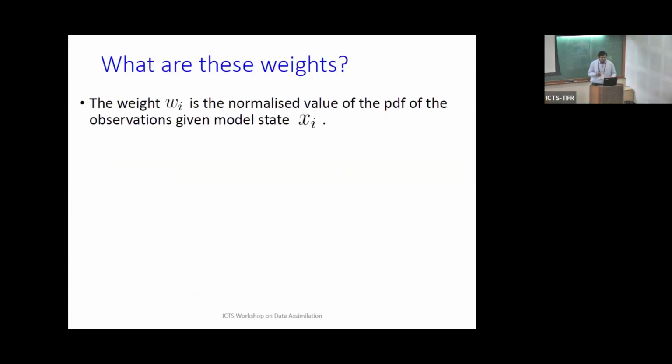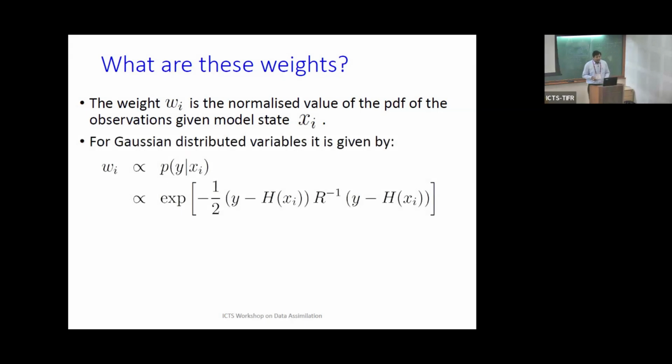Okay. So now here the weight is the normalized value of the PDF, and suppose we take a Gaussian distribution, in that condition my weight will look like this. And definitely Varahan sir told a lot about this type of cost function.